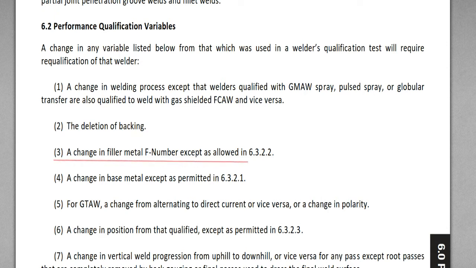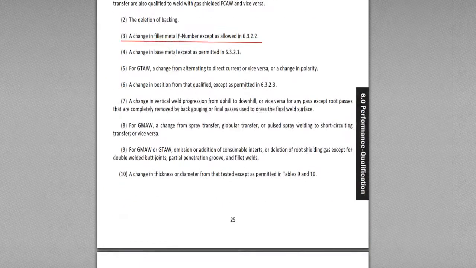Number three, change in filler metal F number except as allowed in 6.3.2.2. So a change in F number requires requalification. For more information, let's go to 6.3.2.2.